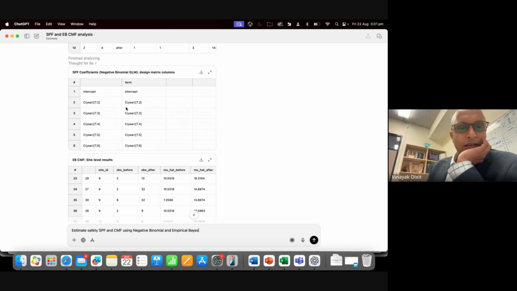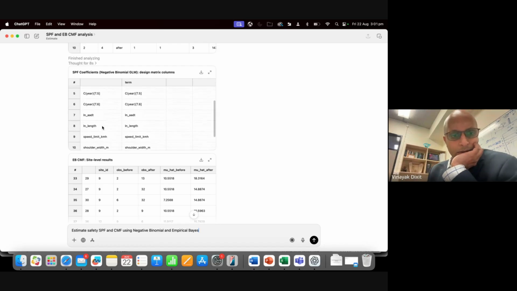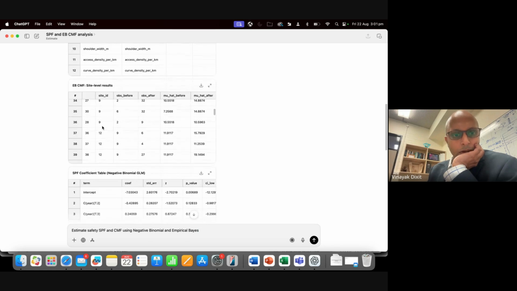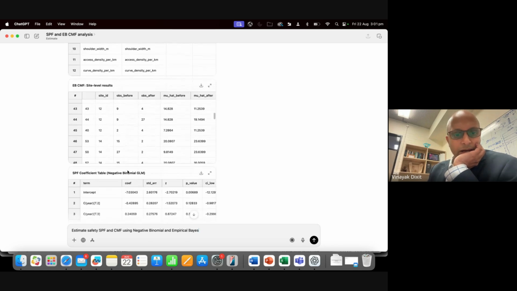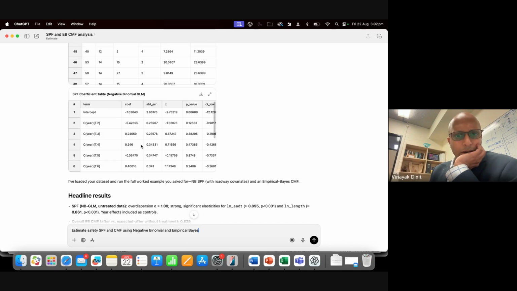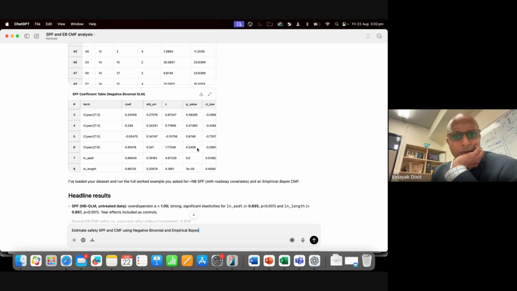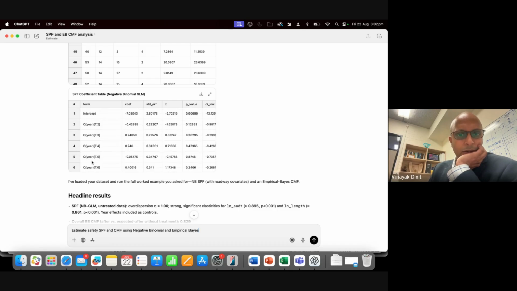For each of the 6 years, it has created a dummy variable, and each creates a coefficient. Most of the coefficients of this C year have p-values greater than 0.05, so we don't really care about these variables.